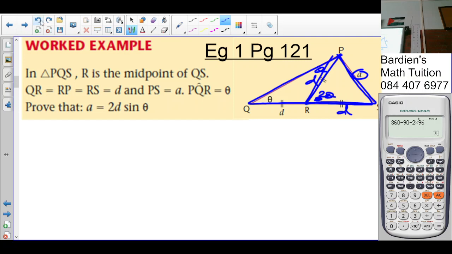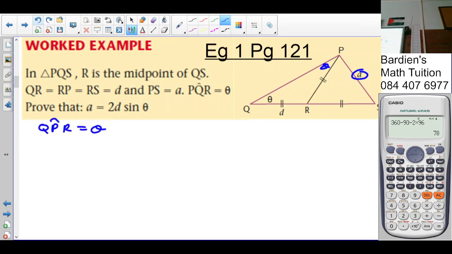Okay. So firstly, let's lay the working out. Firstly, we're saying that angle QPR is equal to theta. And why is that the case? It's angles opposite equal sides. Not so?